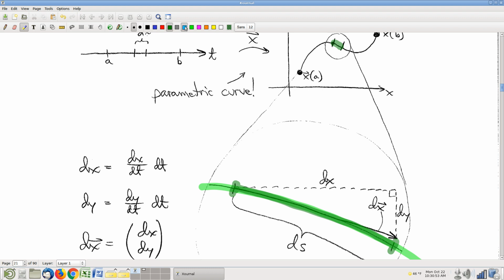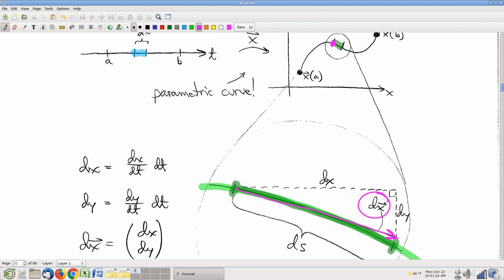And that little piece of curve is the image of some little piece of curve over here, right? We need to figure out what our stretching factor is. And let me just remind you, a lot of this has already been done. I already know that when you have a parametric curve, then at a given point, we can talk about the velocity vector at that point, right? And we've already talked about how you can talk about this dx vector.